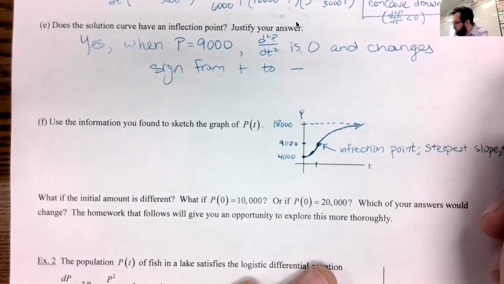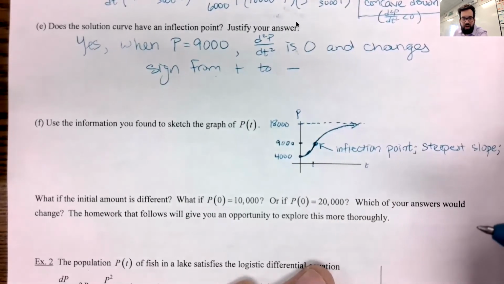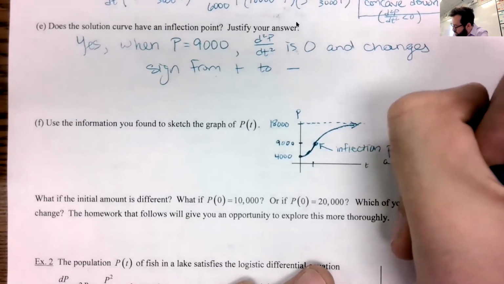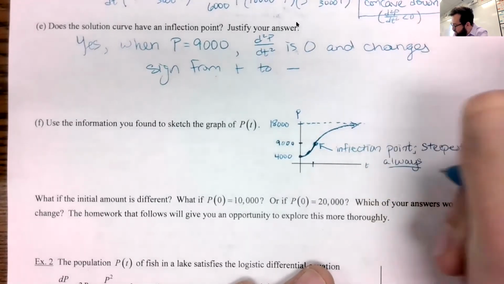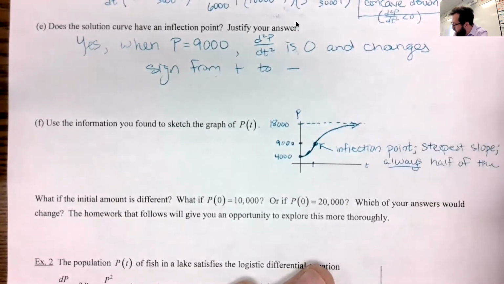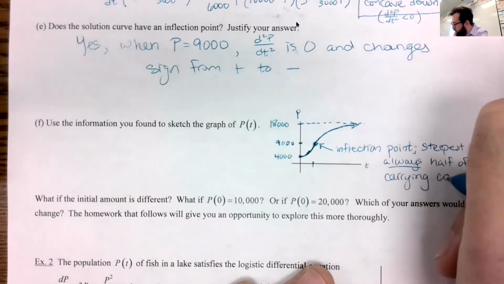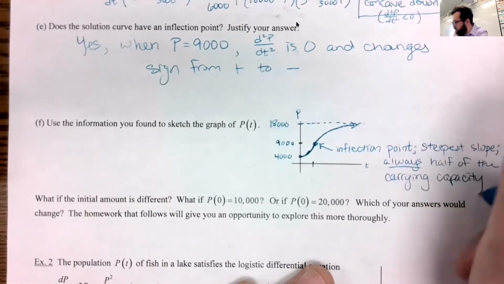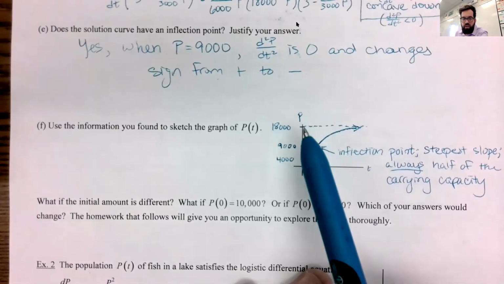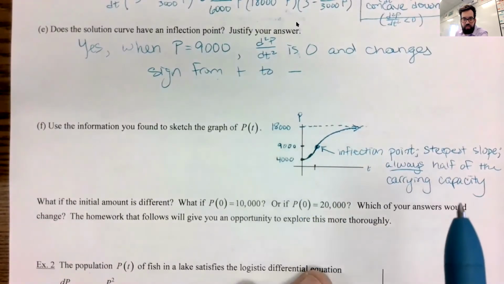Something that's also true is that this inflection point where the steepest slope is always half of the carrying capacity. So I'm going to write always half of the carrying capacity. So without even doing all that second derivative work, we could have figured out that this inflection point was at half of 18,000.